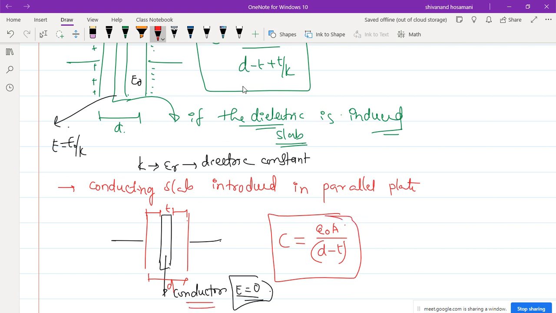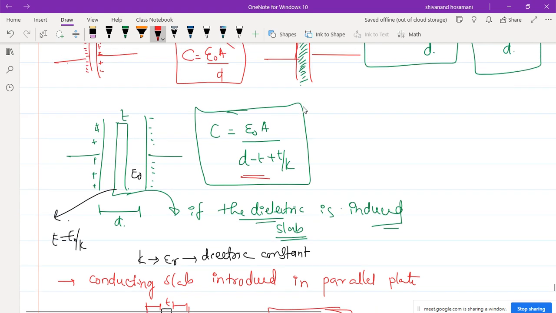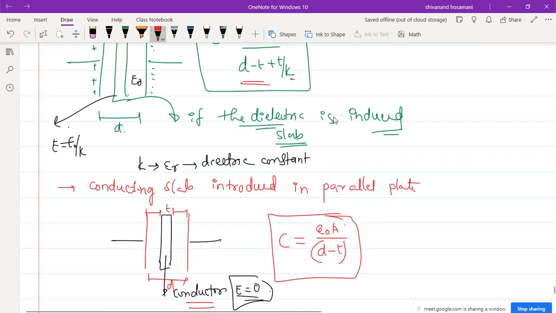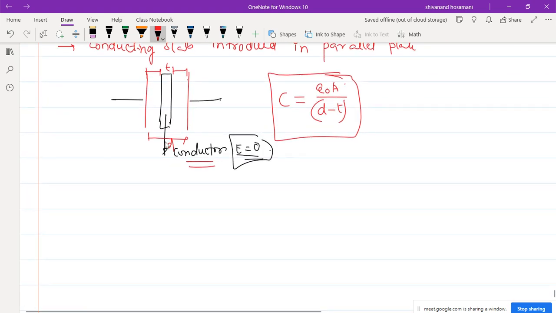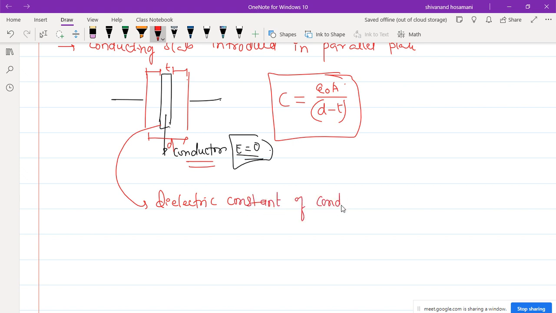This is for a dielectric, because I need to define K for a dielectric. Then what is K for conductors? What is the relative permittivity, the dielectric constant, of conductors? That K is always infinity, remember.